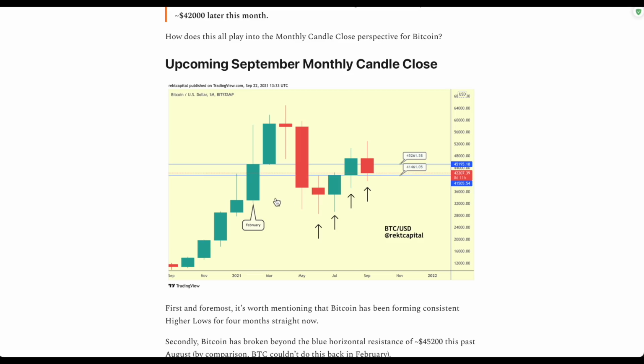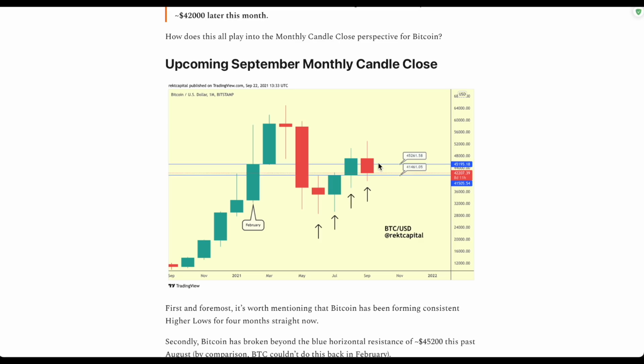That's first and foremost. But let's talk about this 45,200 level. In February, we couldn't break above it, sustainably at least. We overextended beyond it, but we couldn't break above it ultimately. So this was a resistance in February. But you can see that in August, this past August, we broke back above that level, but we haven't been able to retest this level as a support.